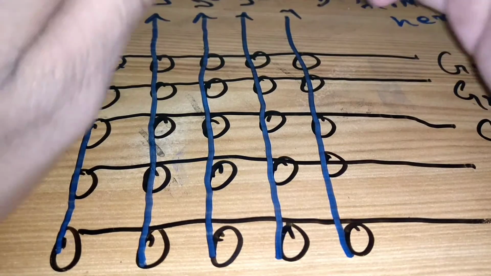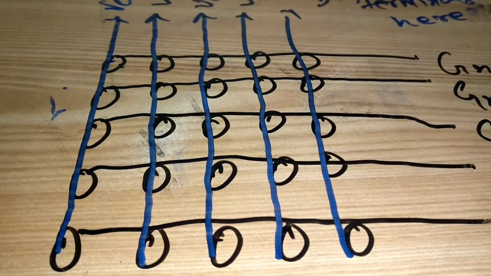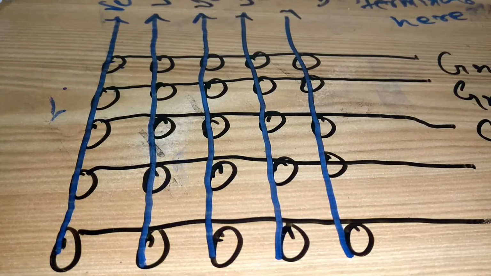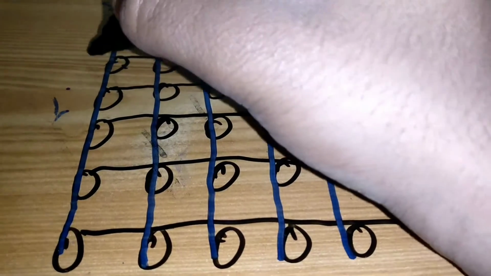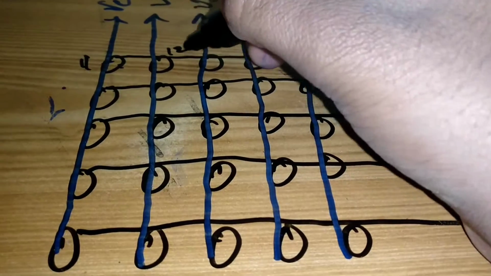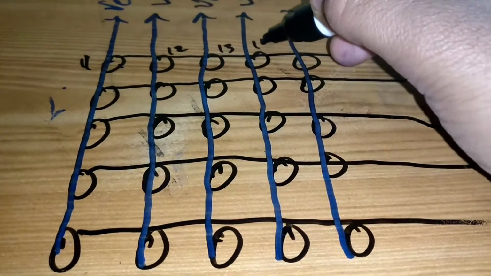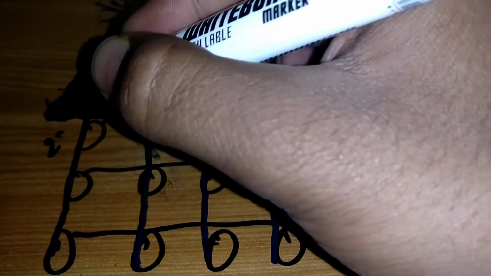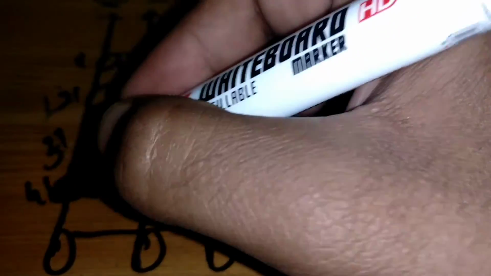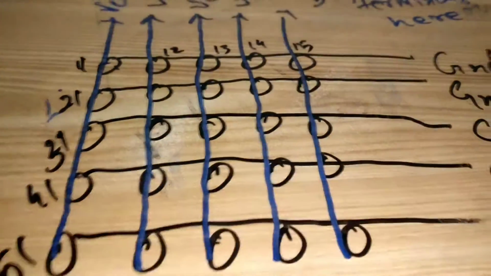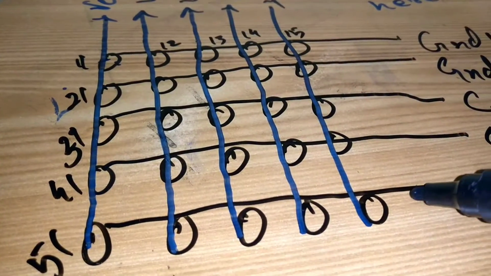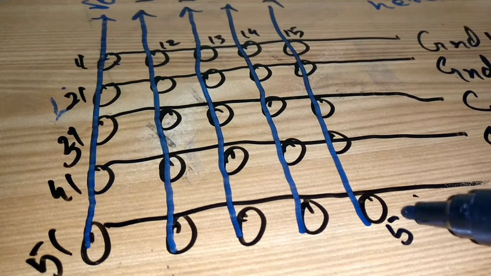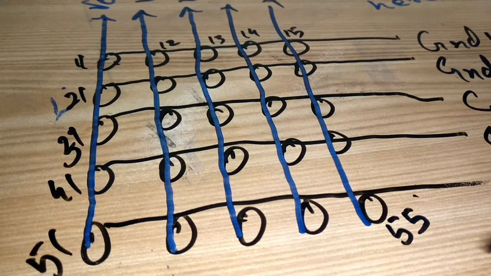If this is LED 1, name it on the matrix as we have studied earlier in mathematics. Let's say it's 1 1, 1 2, 1 3, 1 4, 1 5, 2 1, 3 1, 4 1, 5 1, and so on. There will be 5 5. Fine. Fifth row, fifth column.